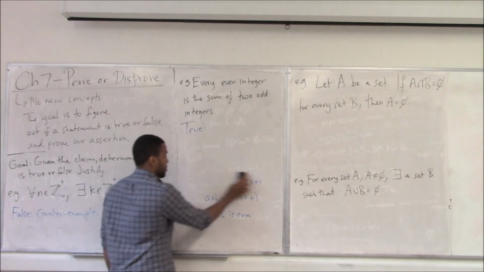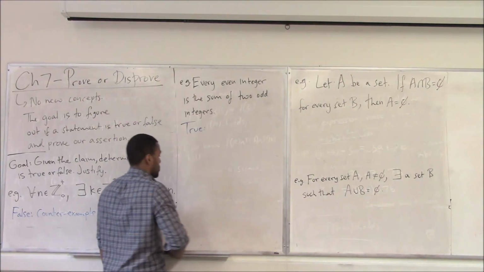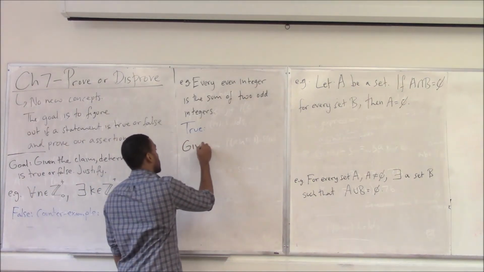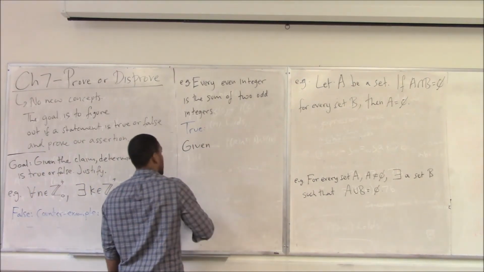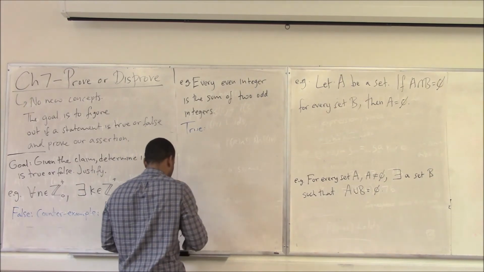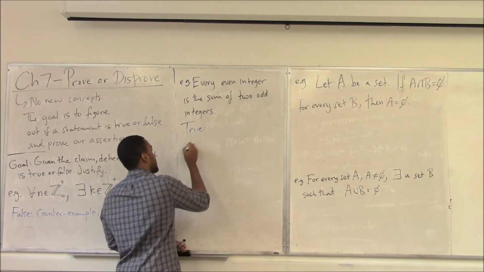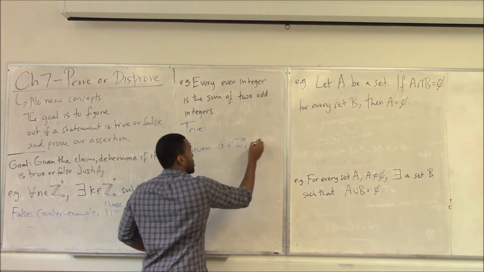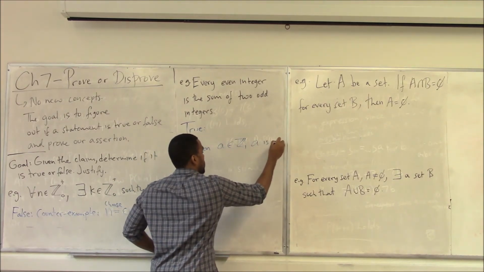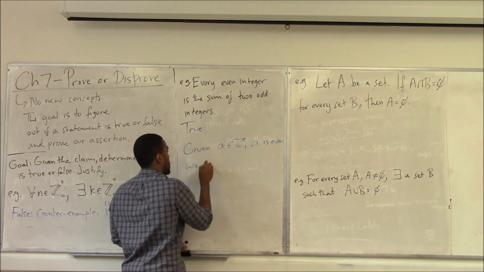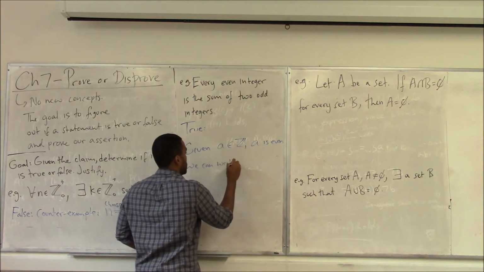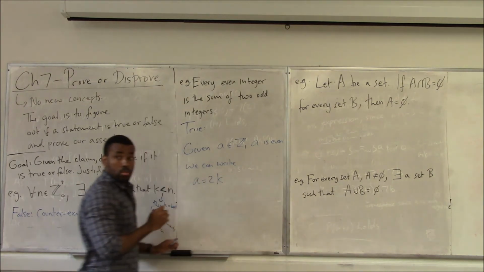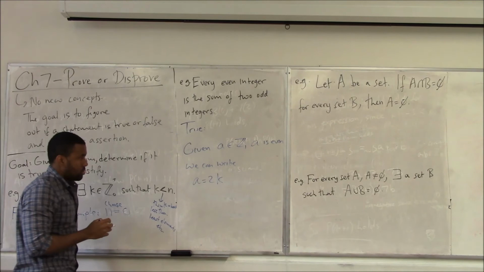Can you let a equal 2k? Starting with some even integer so given, I don't know, let's write this in blue because we're not sure. Given a in Z, you're assuming a is even, okay? We can write a equals 2k, and then set that equal to 2L plus 2.